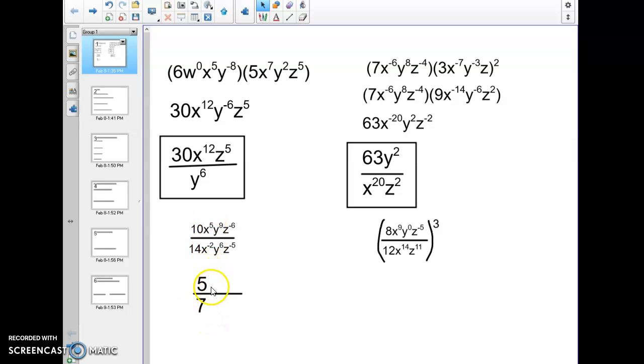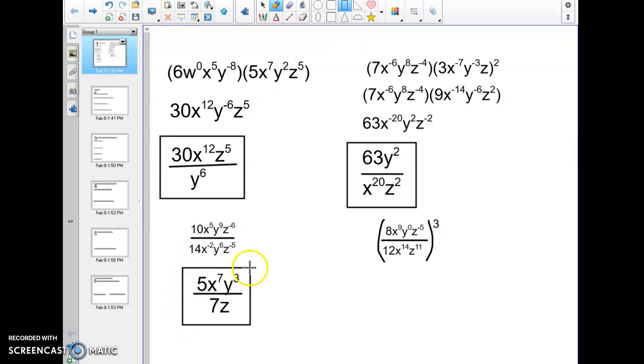When we divide, we subtract. So this becomes x to the 7th. And then y to the 9th over y to the 6th. 9 minus 6 is 3. So that's y cubed. And then negative 6 minus negative 5 is z to the negative 1. So that means the z is going to go down to the denominator. And here's our answer.